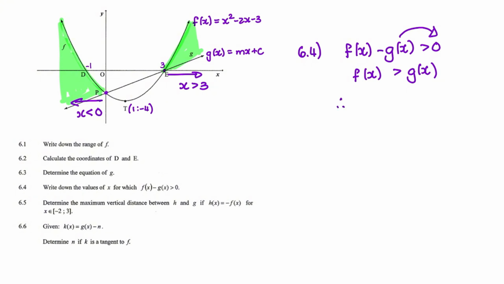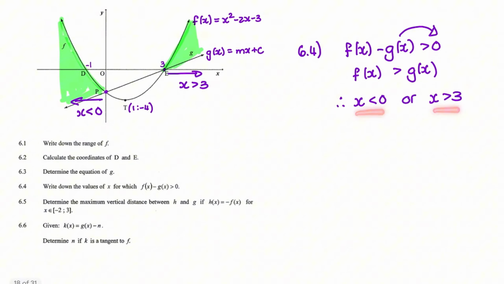Therefore, x is smaller than 0 or x is bigger than 3. Notice I'm not writing this as one inequality, but as two inequalities because I'm going in different directions.